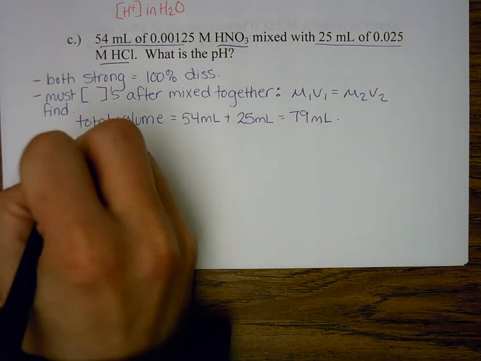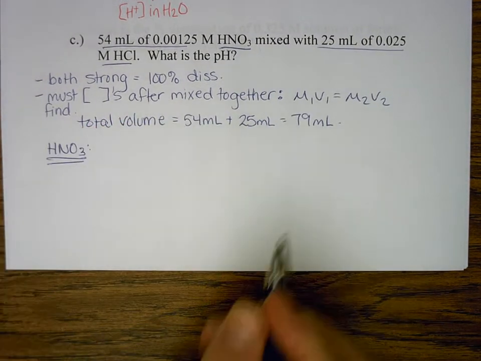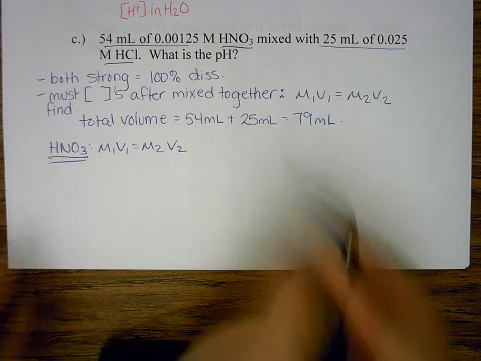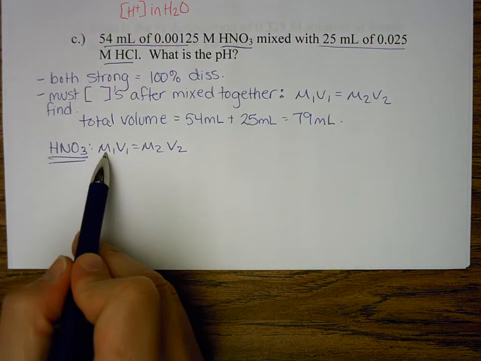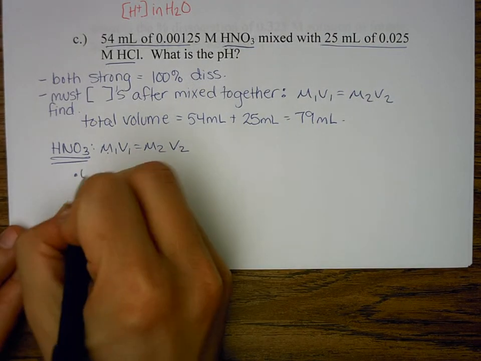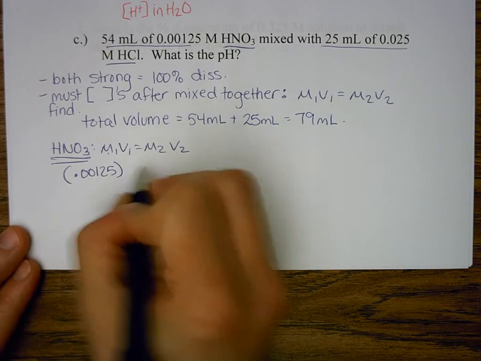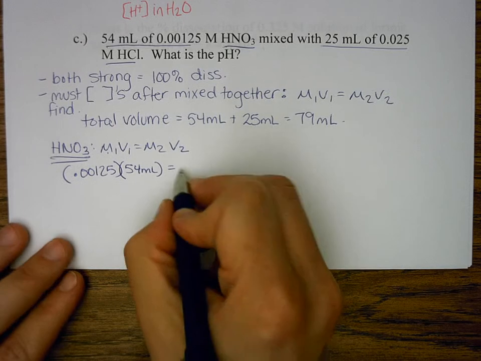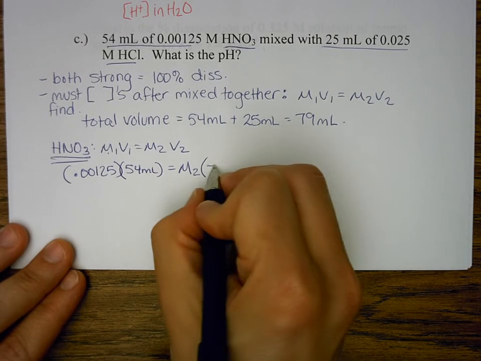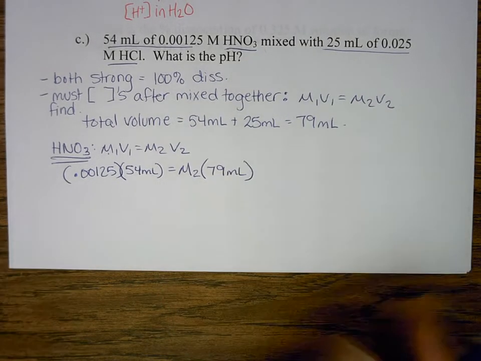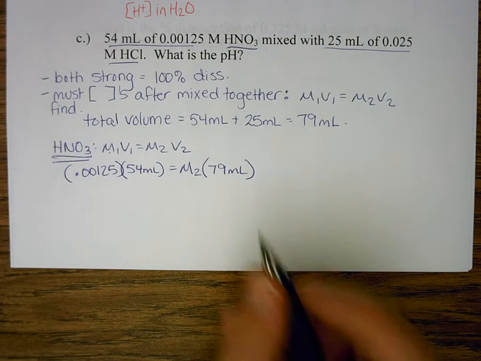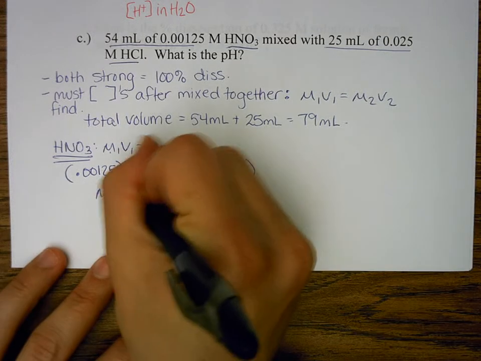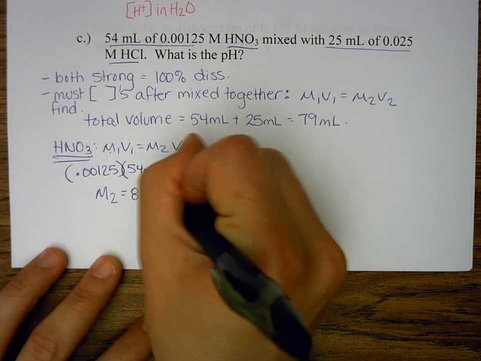I'm going to start first with nitric acid, and I'm going to do the whole M1V1 equals M2V2 for that. My initial molarity of nitric acid is 0.00125. The volume of that is 54 milliliters equals M2 times the final volume, 79 milliliters. Solve for M2. M2 is 8.54 times 10 to the negative 4.